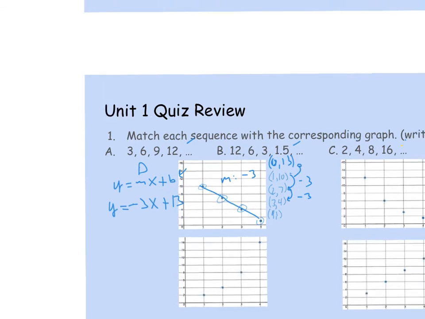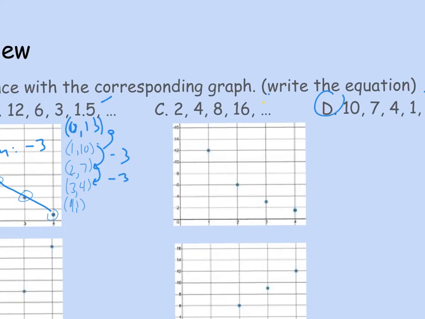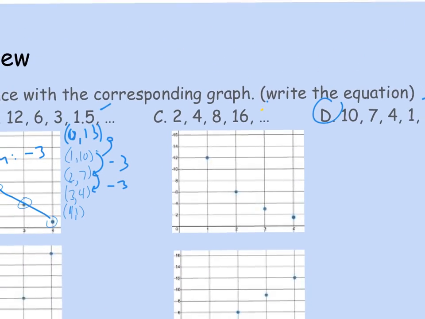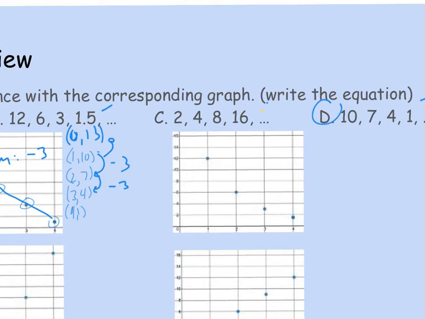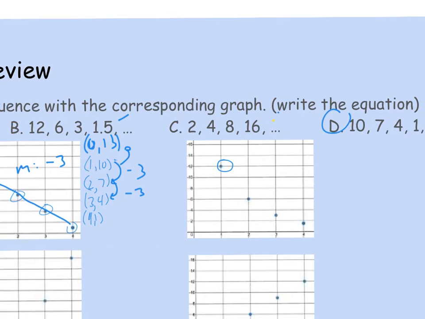Okay, let's go on to the next one. Generate our ordered pairs. Our first ordered pair looks like it is 1, 12.